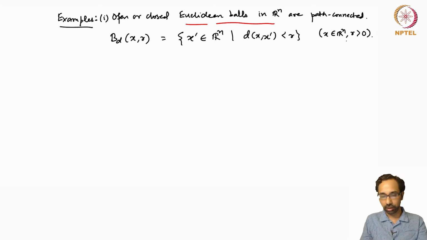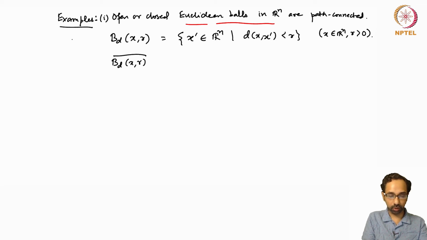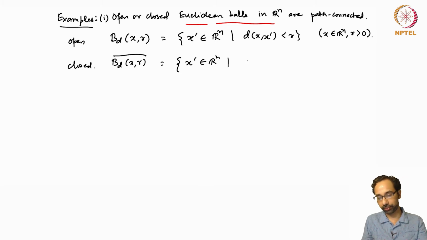The first one is the open Euclidean ball, and the second one, the closure, is the closed Euclidean ball, and this is precisely the points in R^n for which d(x, x') is less than or equal to r.